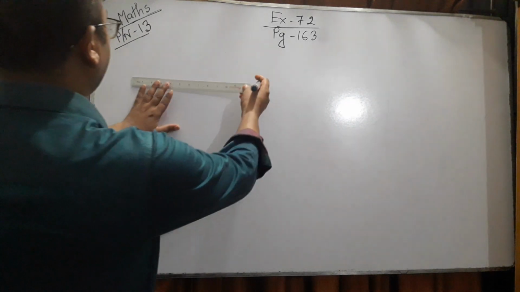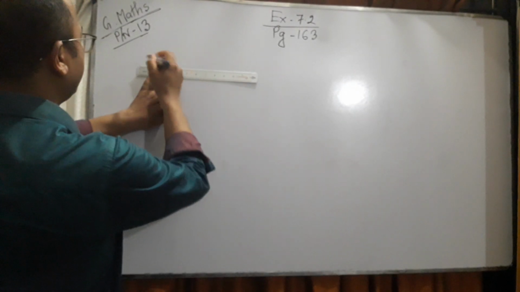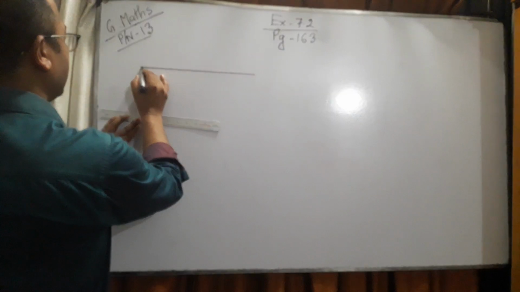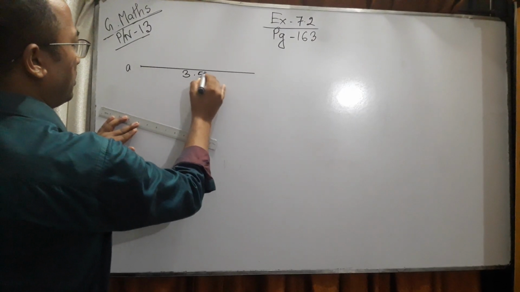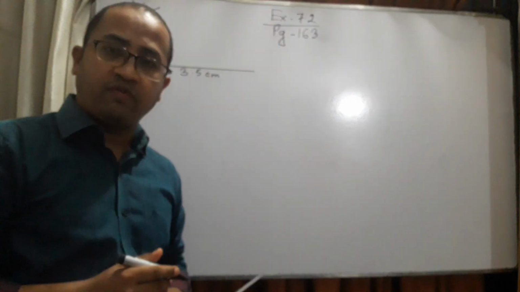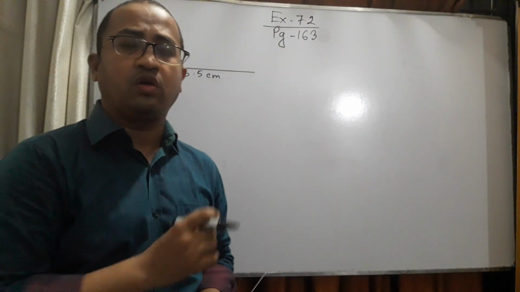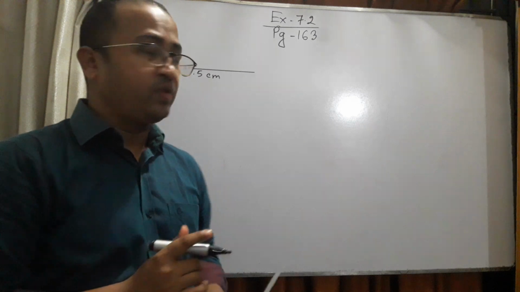Look, it is given one side 3.5 centimeter. Let this be a side, 3.5 centimeter. Look, I draw more than 3.5 centimeter. If I draw only 3.5 centimeter, it will be so small on the board, but you must draw it 3.5 centimeter.